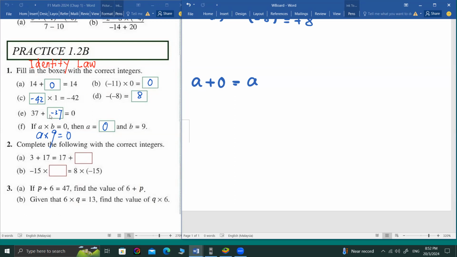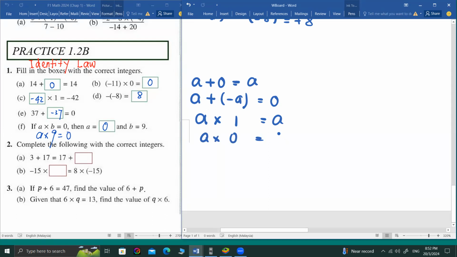Okay, 看这个, A plus negative A. 1 positive, 1 negative. What did you get? 0. Got it? Next, anything that times 1. A times 1 is A. Anything that times 0 is 0.